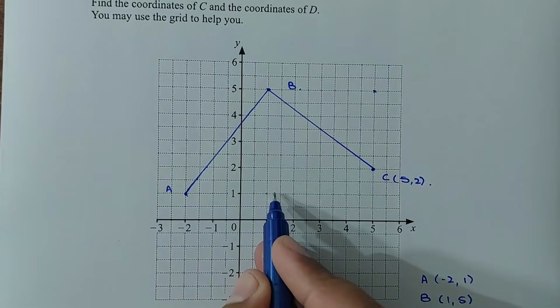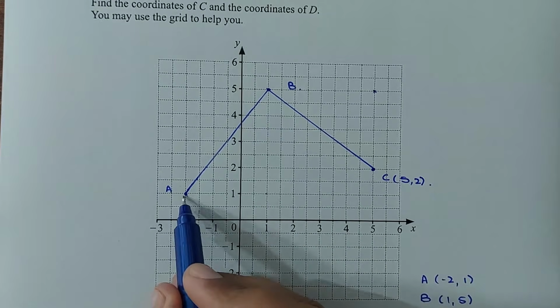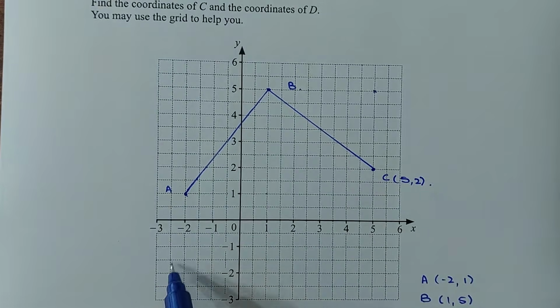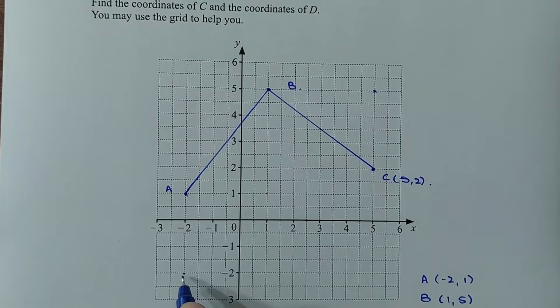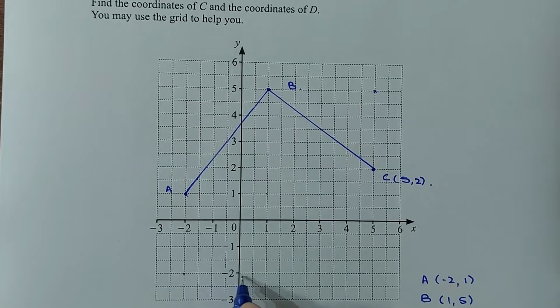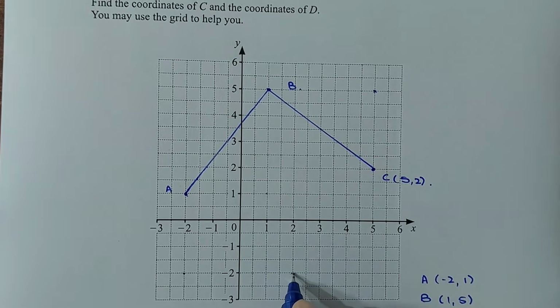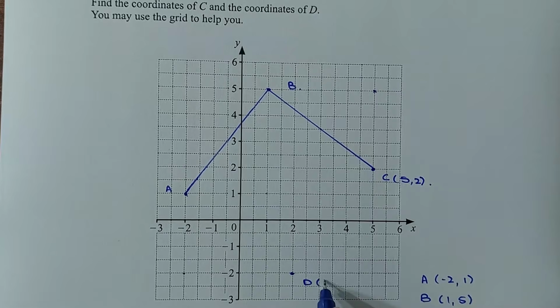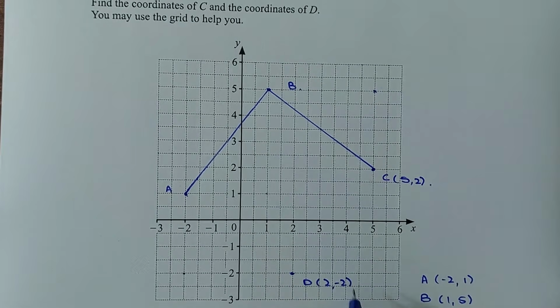So this is 3 units, so we have to move 3 units from here. 1 unit, 2 units, and 3 units over here, and 4 units. 1, 2, 3, and 4. This is D, which is (2, -2), right?